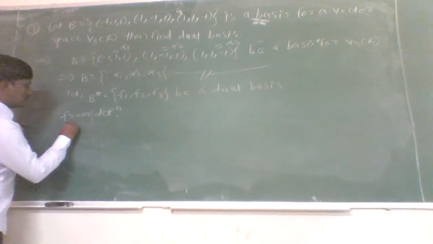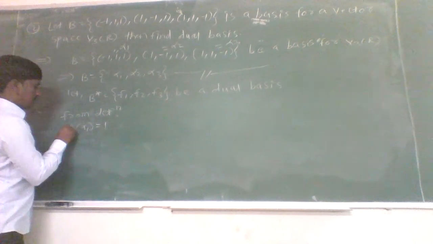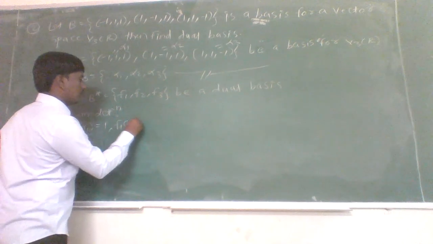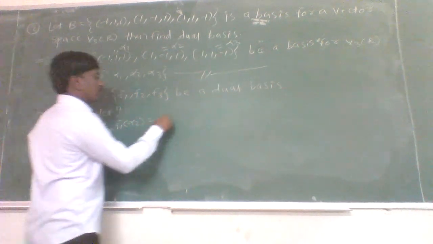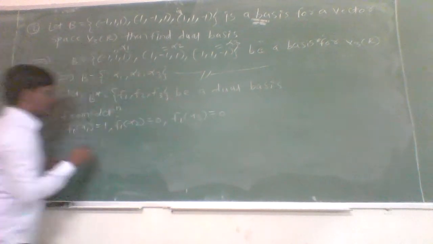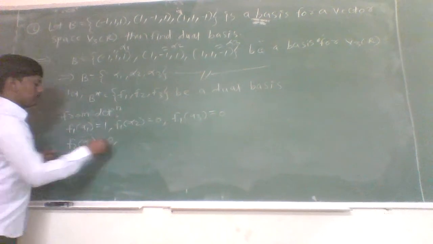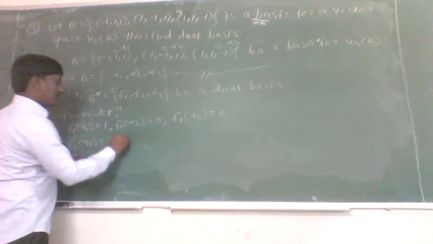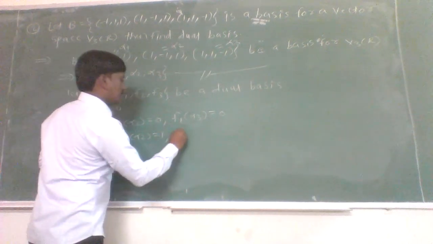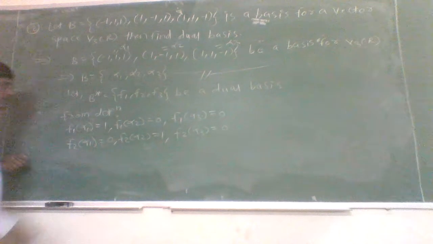Now, from the definition, f1 of alpha 1 is equal to 1, since i is equal to j. f1 of alpha 2 equal to 0. Similarly, f1 of alpha 3 is again 0. f2 of alpha 1 is 0, as i is not equal to j. f2 of alpha 2 equal to 1. f2 of alpha 3 is again 0.